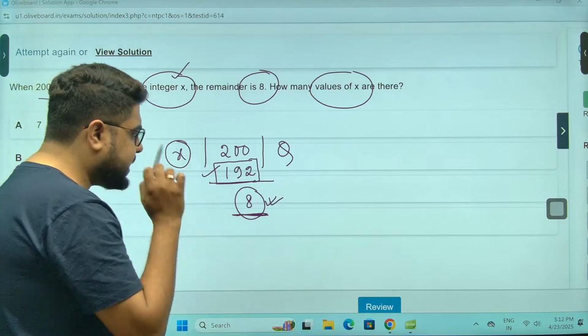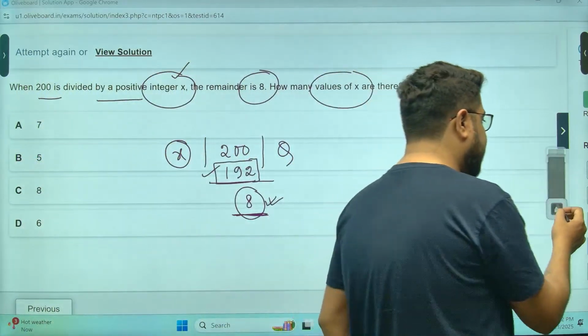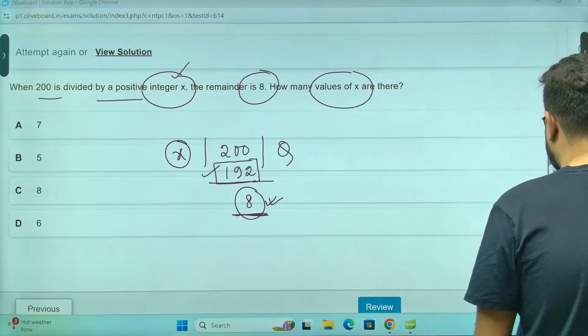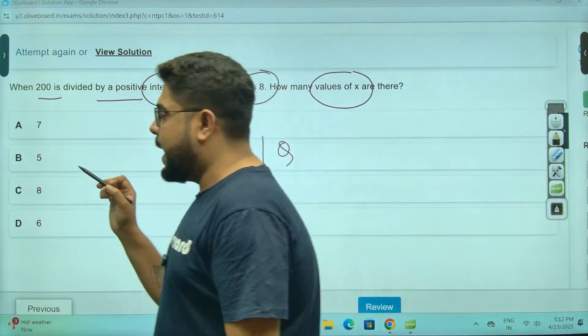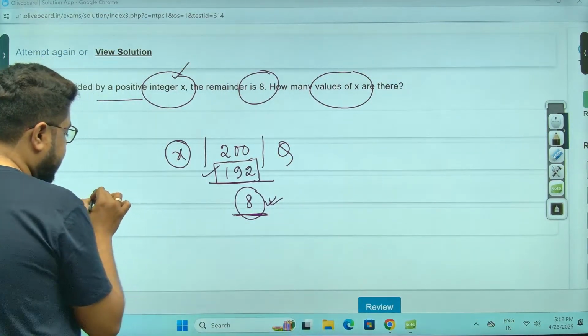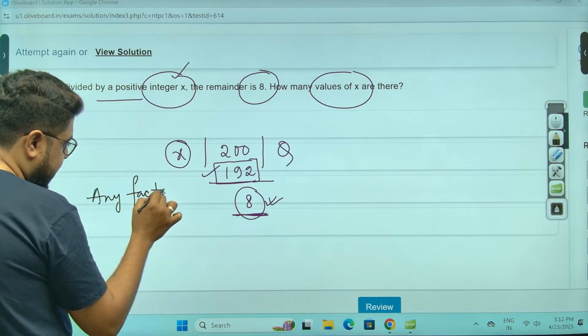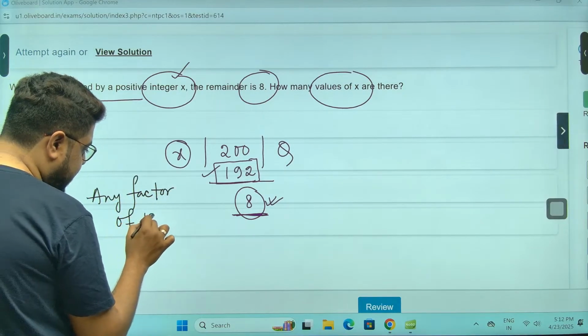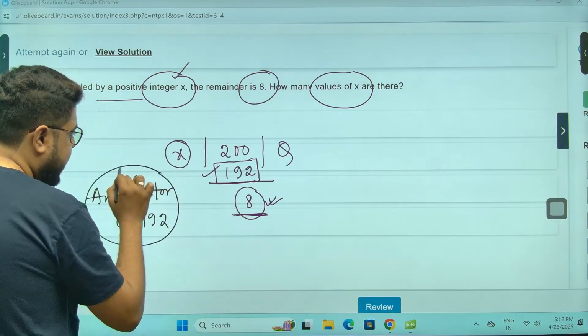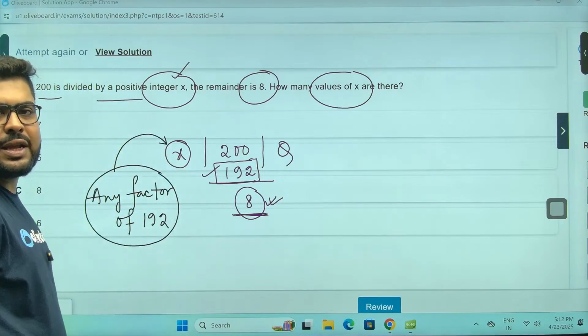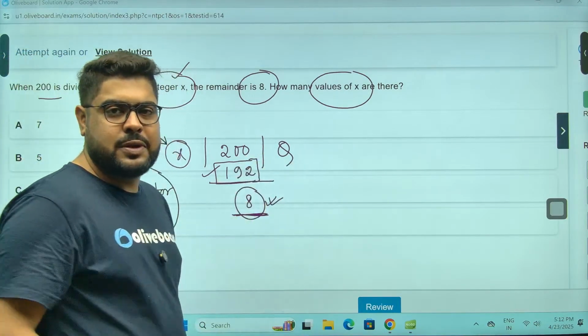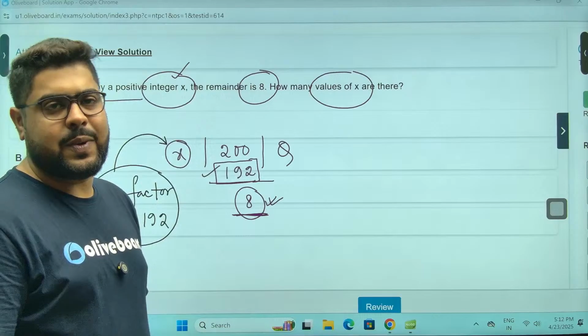So please try to understand one very simple logic here. If I put any factor of 192 in place of this x, that should do my job with one certain condition. What condition, sir?